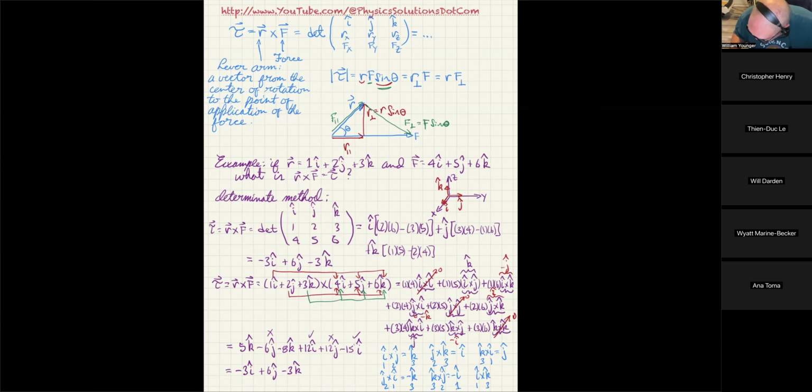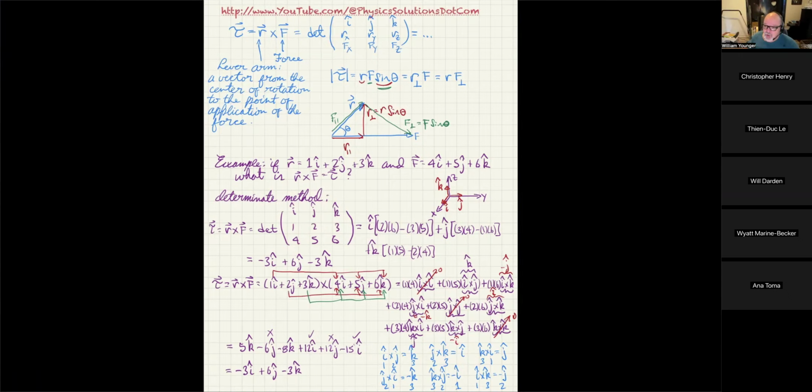That's not a cyclic permutation, and therefore this one's going to have to be 2, but it's going to be a negative, and that would mean j hat. So that's a quick and dirty way of realizing the pattern, but you don't have to memorize that pattern or anything like that.